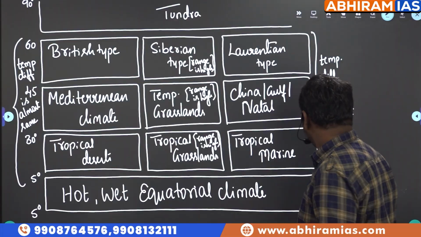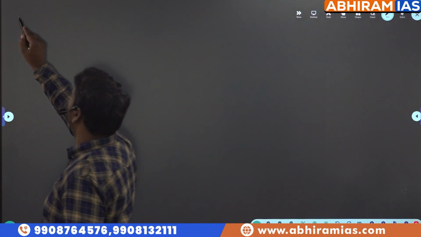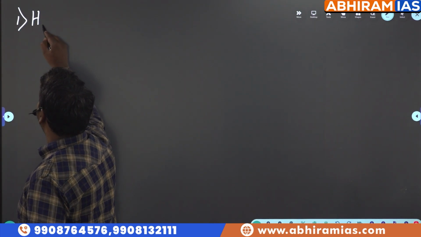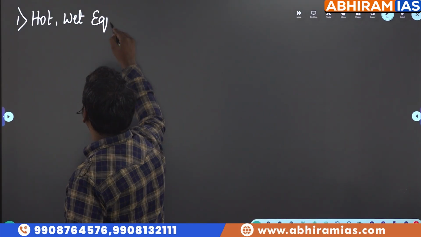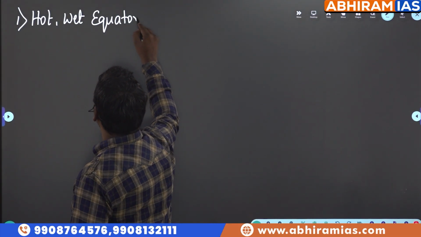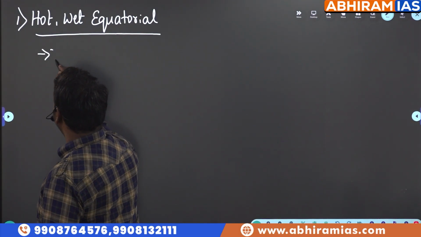Okay, so now I'll talk about some terms. You see, first, hot wet equatorial. What are the terms you will observe?